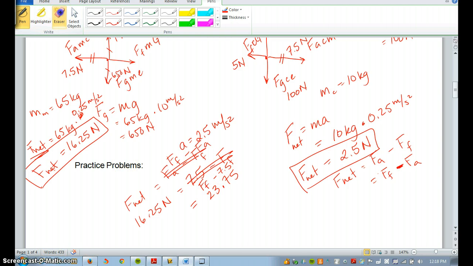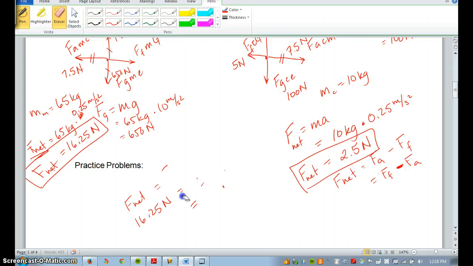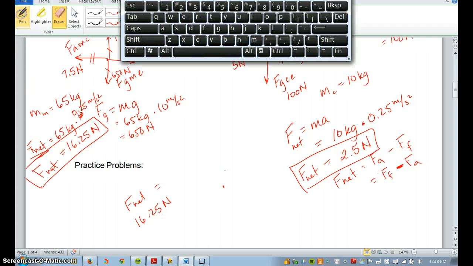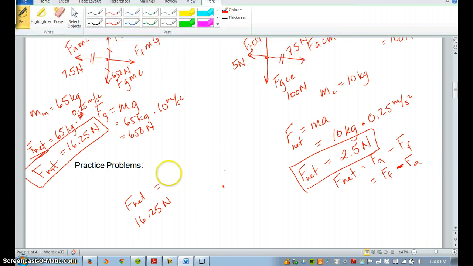Now I'll erase the rest of it. Let's try that one more time, just because I know it will throw us off. Thanks for holding on to that. Okay, so that means we said frictional force minus force applied.